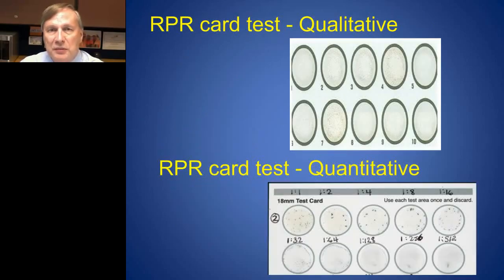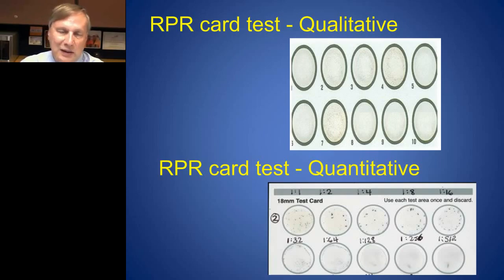Just to refresh our memory a little bit about the RPR, we'll get specimens in, and this will be important when we talk about algorithms, but we'll get, let's say, 10 individuals. We have 10 bloods that we spin down, the sera that we take, and we'll put 10 individual sera on this slide, one in each spot. So we have 10 people we're testing here.